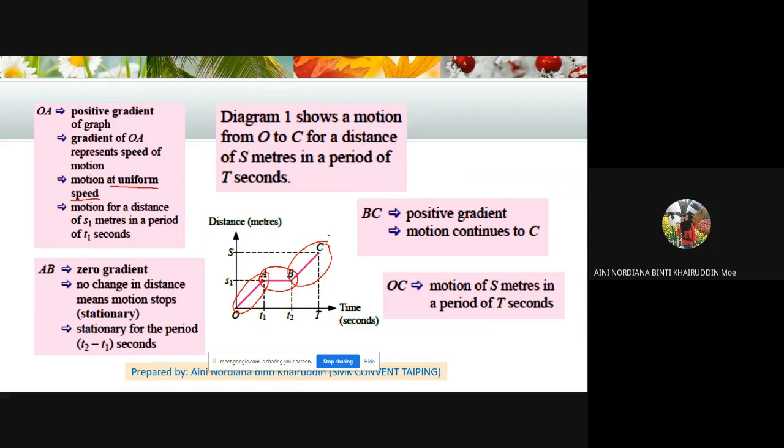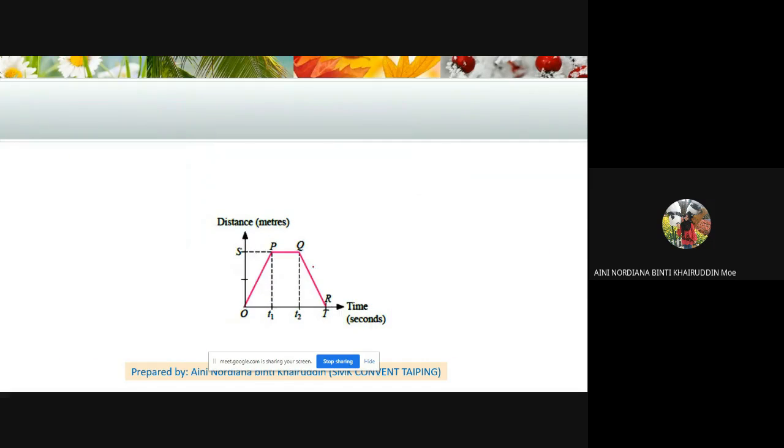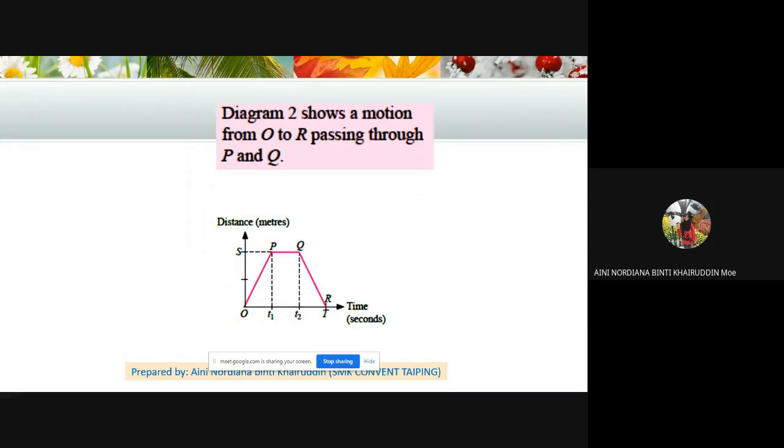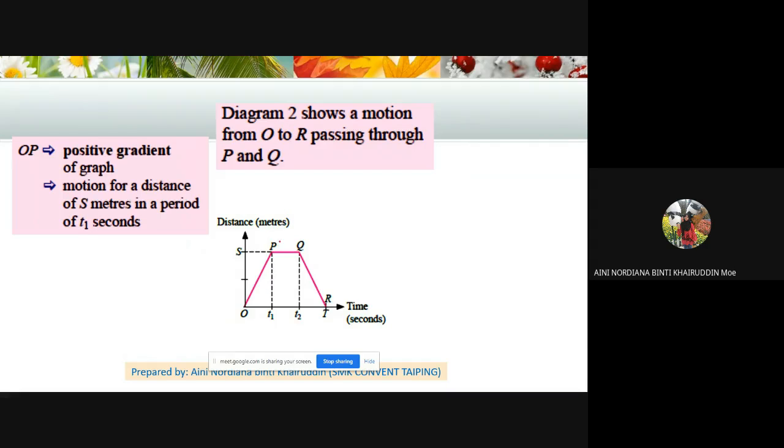Okay. Kalau tengok pada graf yang kedua tadi, show a motion from O to R passing through P and Q. Okay, tengok pada OP. OP ni positive gradient, maksudnya bergerak.